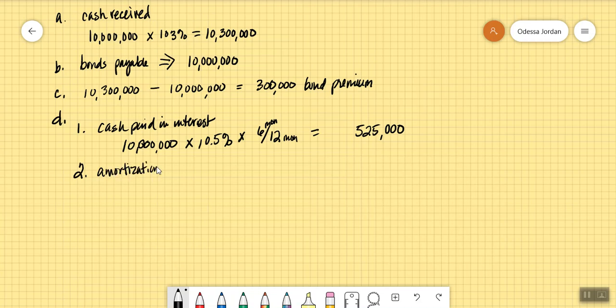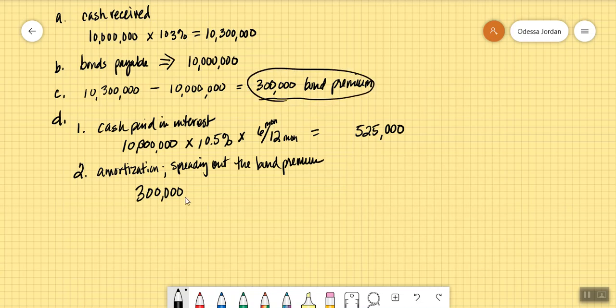Then number 2, we need to calculate the amortization. And another word for amortization is spreading out the bond premium. So remember, the bond premium is 300,000, and we know that from this area here.